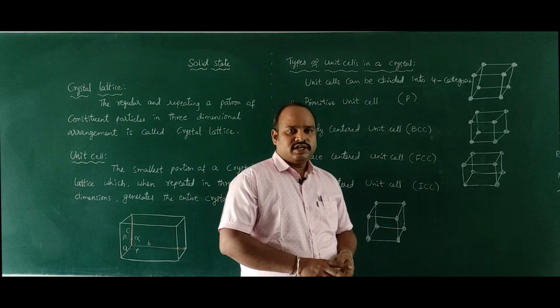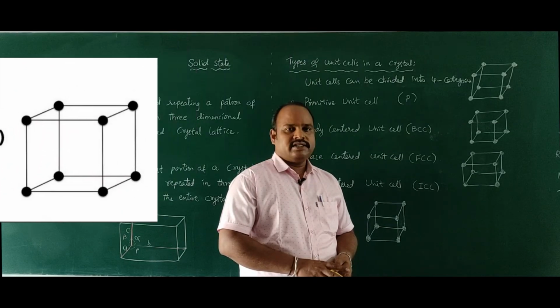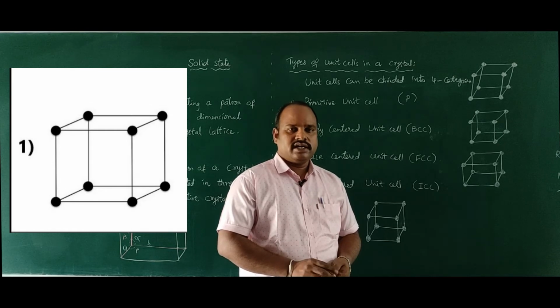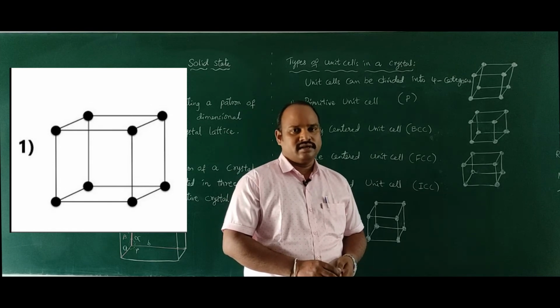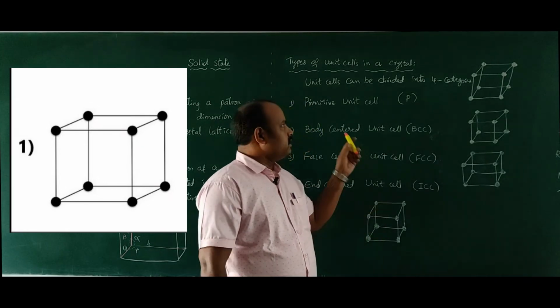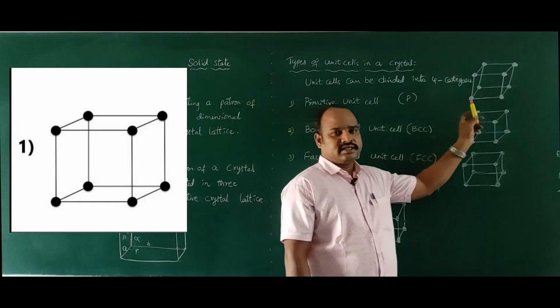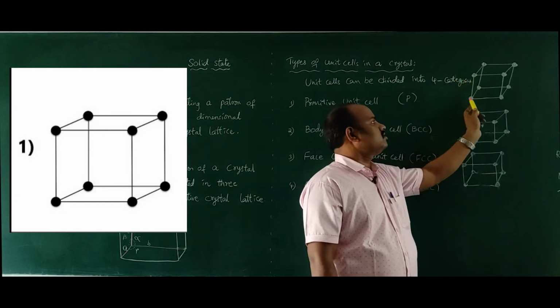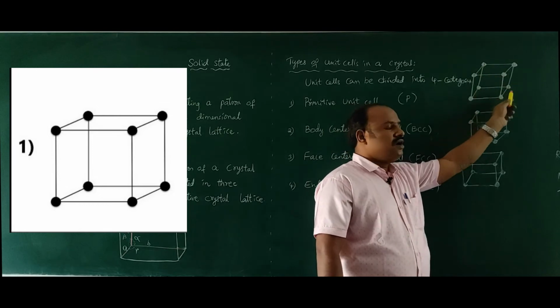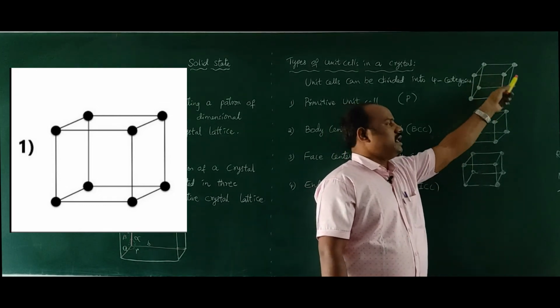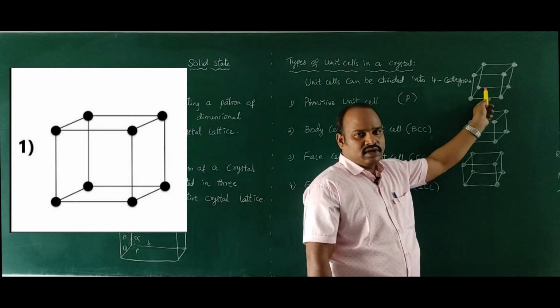If the constituent particles are present at the corner positions only, that type of unit cell is named a primitive unit cell. So in a primitive unit cell, the constituent particles are present at the corners of the cube only, shown like this. This is the primitive unit cell.